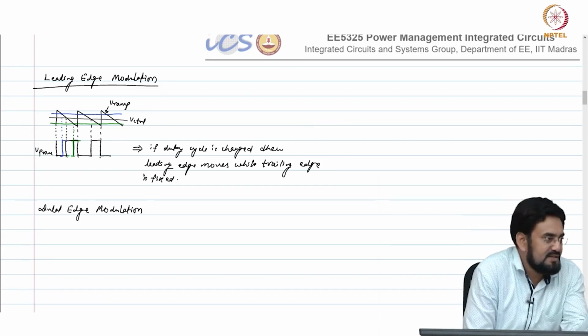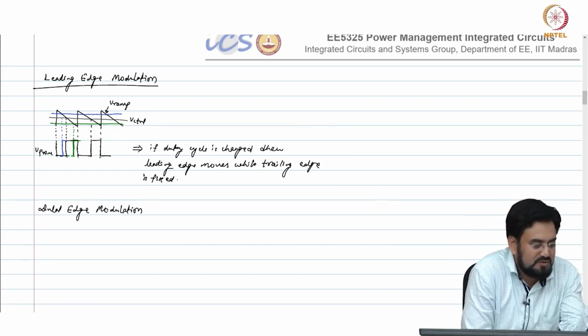So, we know trailing edge, leading edge; dual edge means both edges should move. So what do we need to do?